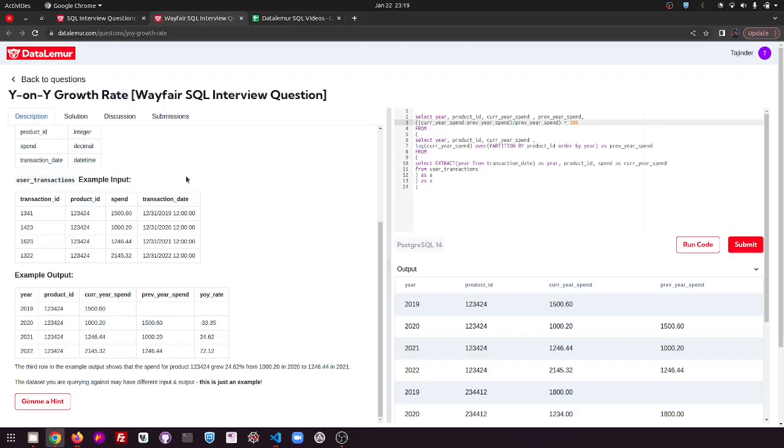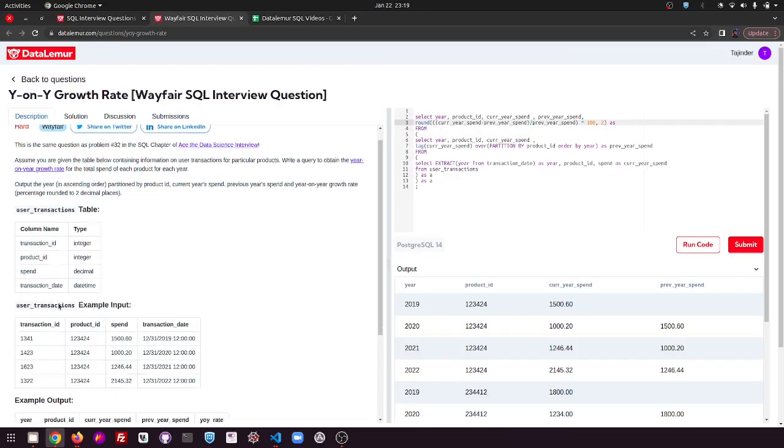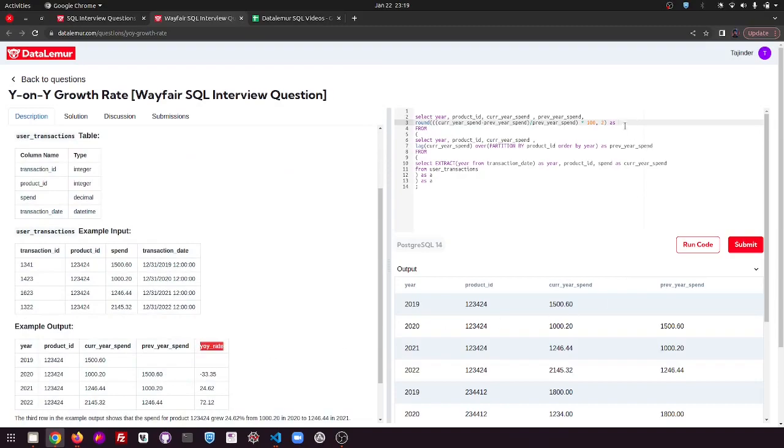One more point they mentioned here is to output the year in ascending order, partitioned by the product ID, with current year spend, previous year spend, and year on year growth rate percentage rounded to 2 decimal places. So we will round it to 2 decimal places, and we will rename the column as yoy_rate.